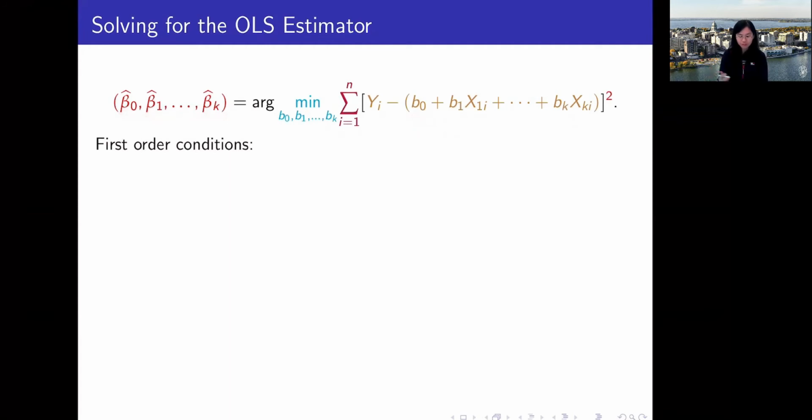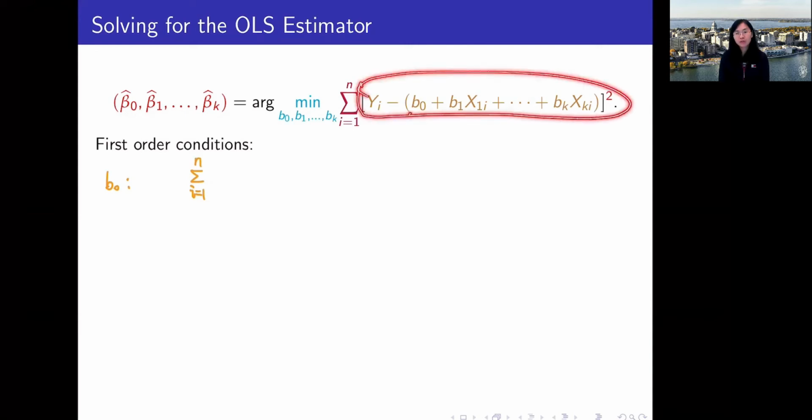So first we take the first derivative, right? We can start with the first parameter, b naught. The derivative of a sum of two functions is equal to the sum of the derivatives of the two functions. So the first derivative is the sum over i from 1 to n. And then to take the derivative of this square with respect to b naught, we can use the chain rule.